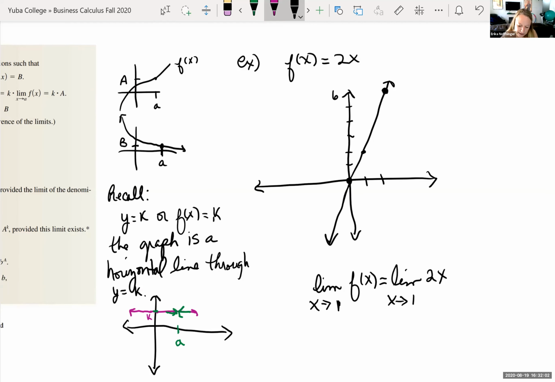Graphically, as we're getting closer to 1 on the left, I'm equaling 2. As I'm getting closer and closer to x equals 1 on the right-hand side, I'm also getting a y value of 2. And so I noticed by graphically the limit as x approaches 1, because the left and the right are the same, this is equal to 2.